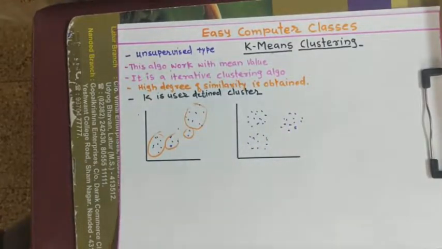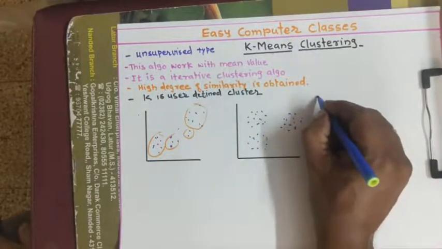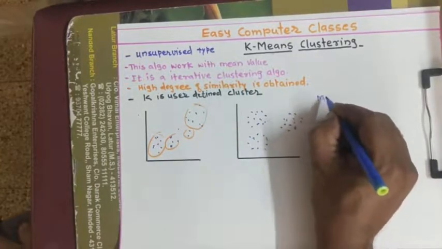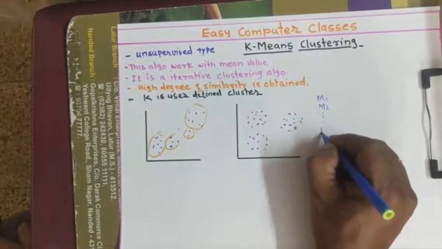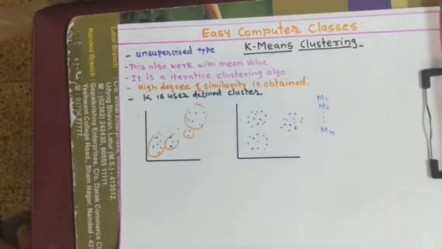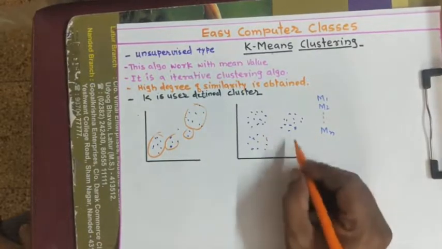We have a training data set M1, M2 up to MN. These are the training samples we have with us, and these training samples are classified into 3 clusters.